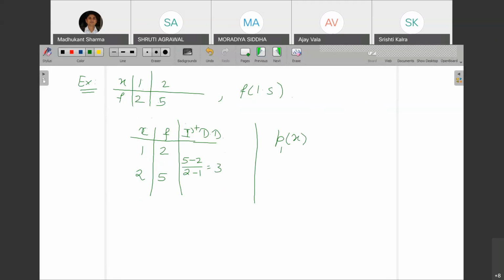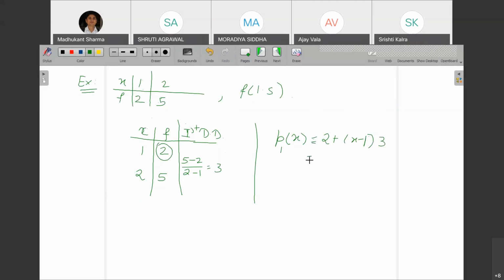So P1 of x is equal to f of x naught, that is 2, plus (x minus x naught), where x naught value is 1, so x minus 1, into the first divided difference, that is 3.